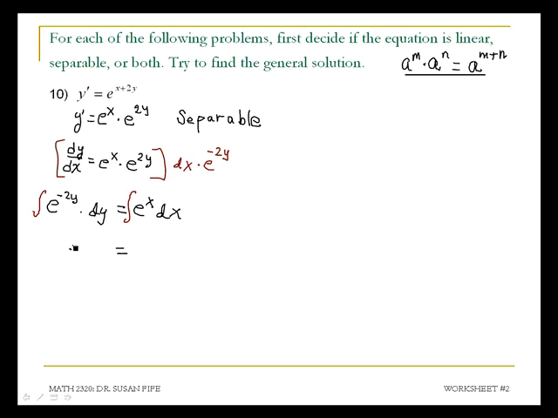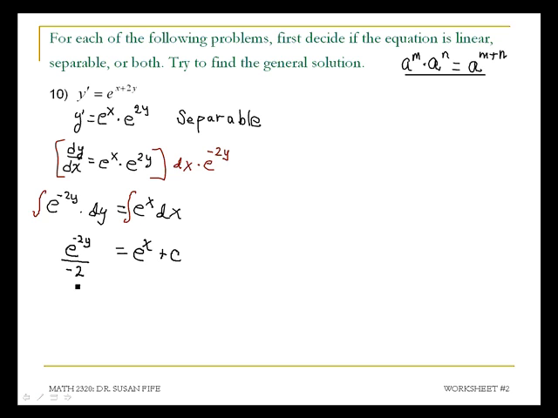When you integrate an exponential with a linear exponent, you get back that same exponential divided by the coefficient of that linear term. So here on the left side, I'm going to get e to the negative 2y over negative 2. On the right side, integrating e to the x with respect to x gives me e to the x. And on this side, I'm going to put my constant of integration, plus c.